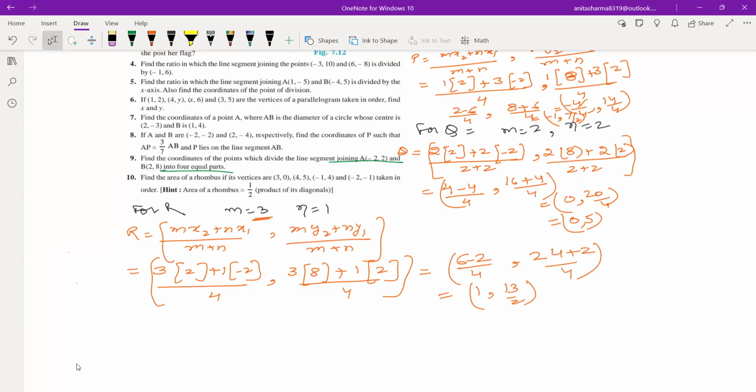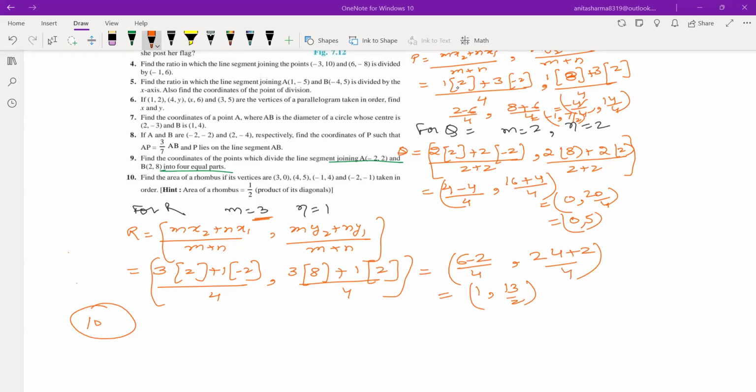Now, next you will share this material, right? Yes, beta? Now, in 10th question, find the area of the rhombus if its vertices are this.